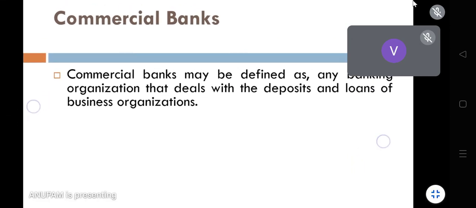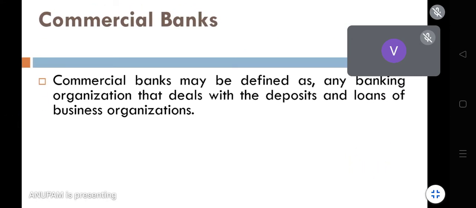So mostly you see that these commercial banks are mainly targeting business organizations, not individual customers. Okay. So basically commercial banks exist so that they can take deposits and they can give loans to the business organizations. Okay.